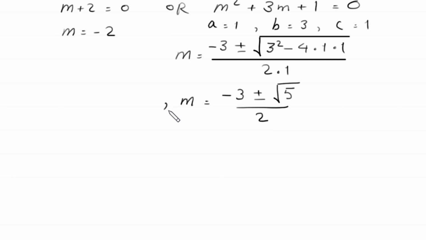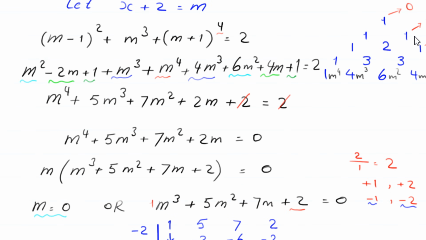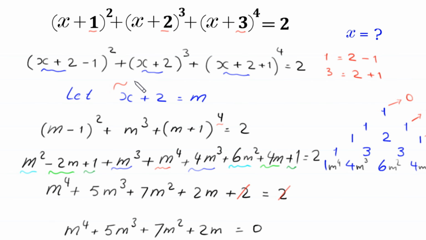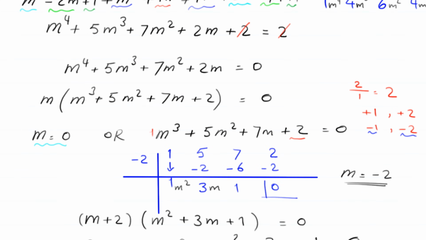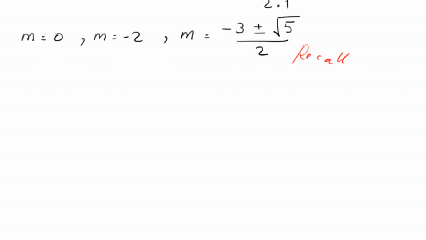And first we found the value of m. m is equal to negative 2 and m is equal to 0. Now recall that we have supposed that x plus 2 is equal to m.